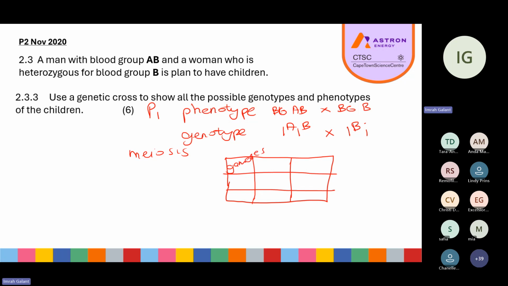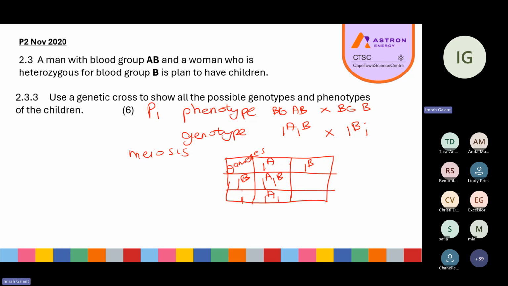The gametes of the male are allele A and allele B. The gametes of the female are allele B and the recessive allele I. We're going to cross allele A with allele B, so one of the phenotypes is going to be blood group AB. Then we're going to cross allele A with the recessive allele I.